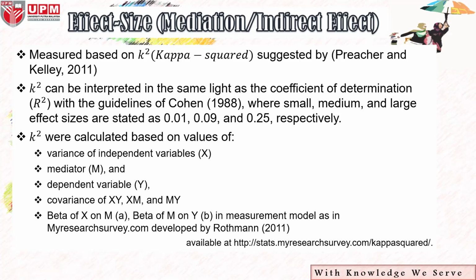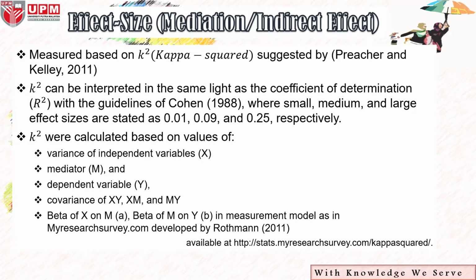Okay, so kappa squared is calculated based on the values of variance of the independent variable, mediator, and dependent variable, and the covariance of X toward Y, X toward M, and M toward Y. Beta of X on M, which is path A, beta of X on Y, which is path B, in the measurement model.